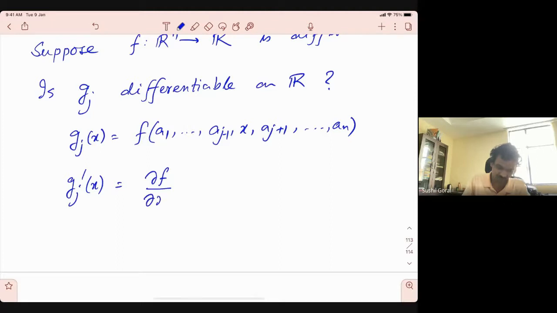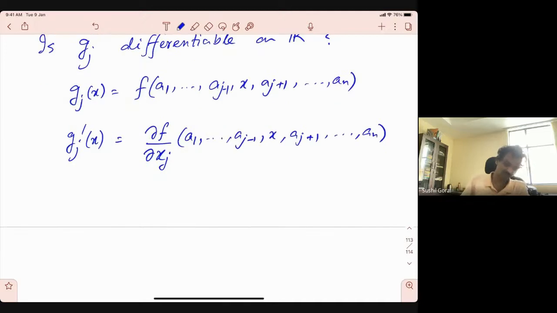So del f by del xj at (a1, ..., a_{j-1}, x, a_{j+1}, ..., an) is the derivative. So g is a one variable function.